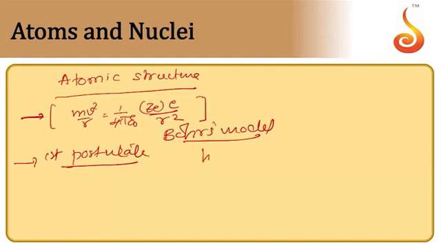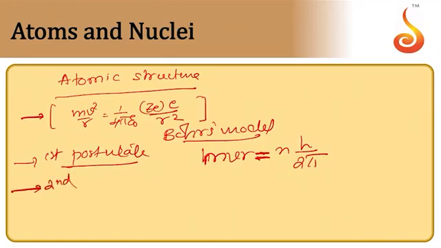Or we can write this, angular momentum, that is mvr, is equal to n times h divided by 2 pi. So, according to first postulate, the angular momentum is equal to integral multiple of h by 2 pi.